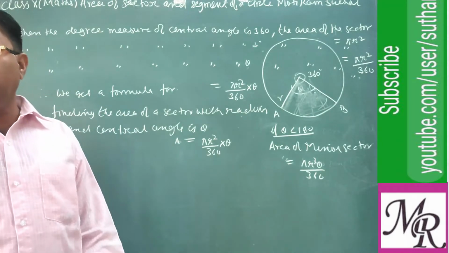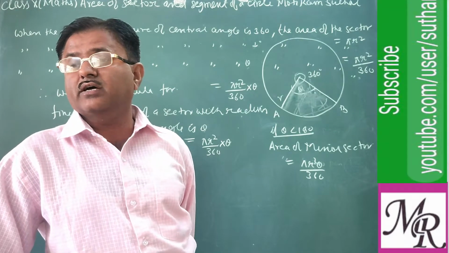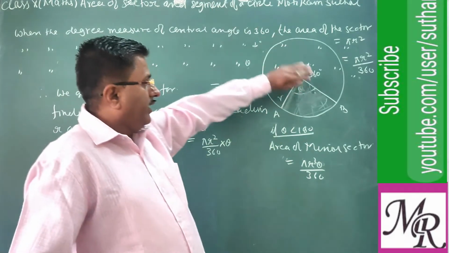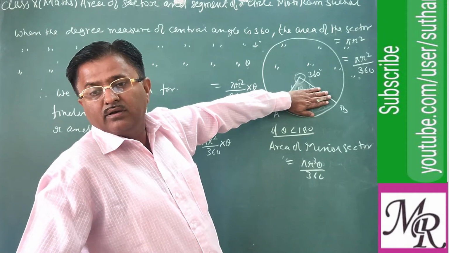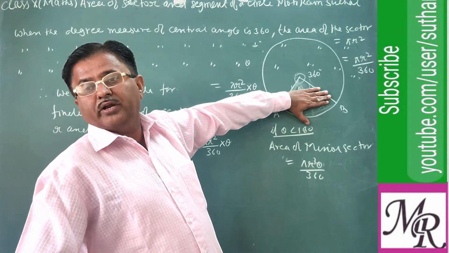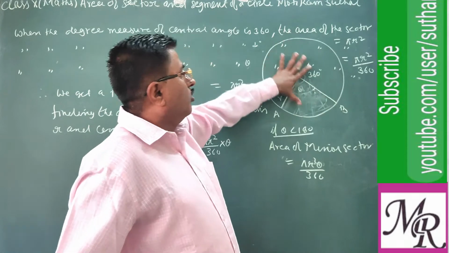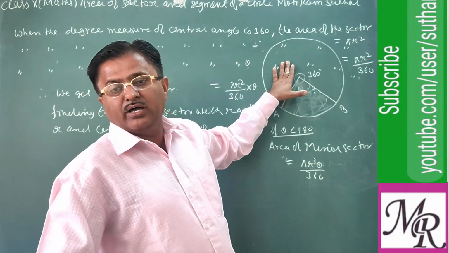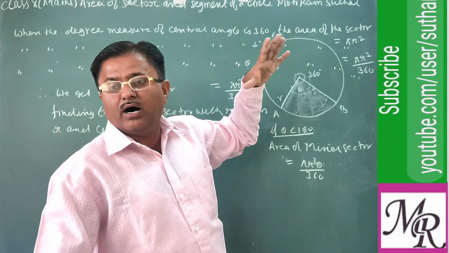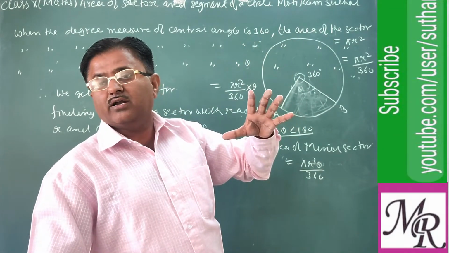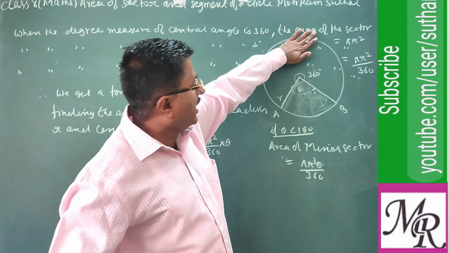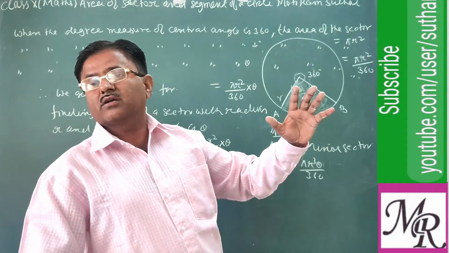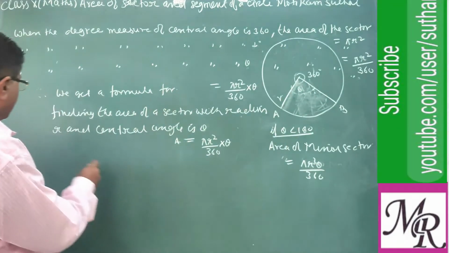So what is the area of the corresponding major sector? So very easy, because you know the area of this region and also we know the radius. So we can find the area of the whole circle. So the area of the unshaded region, or area of the major sector, is equal to whole area minus area of the minor sector.